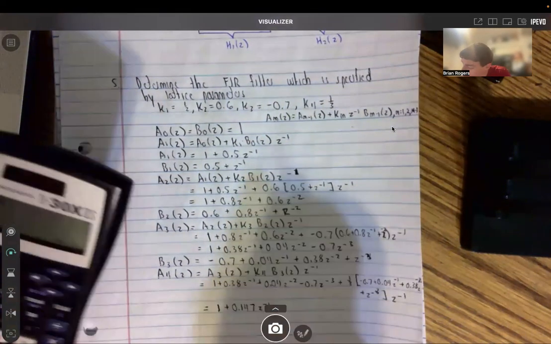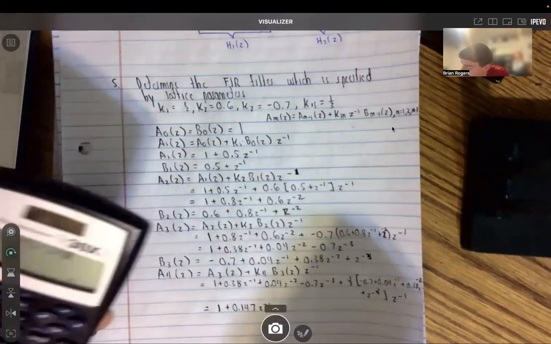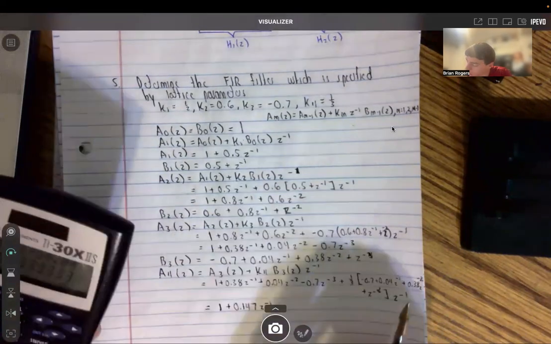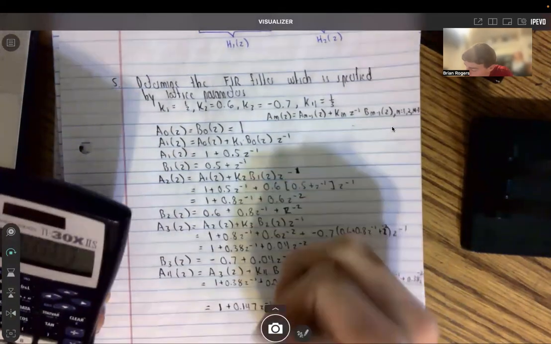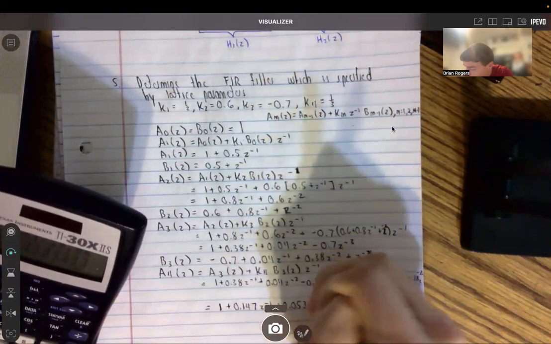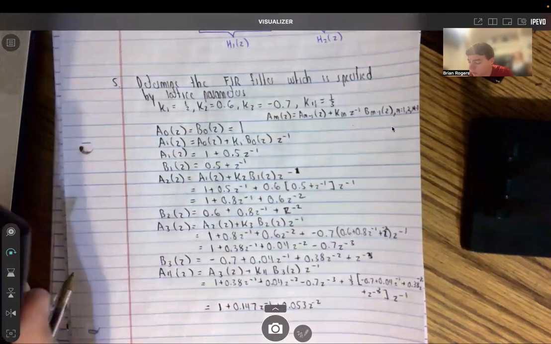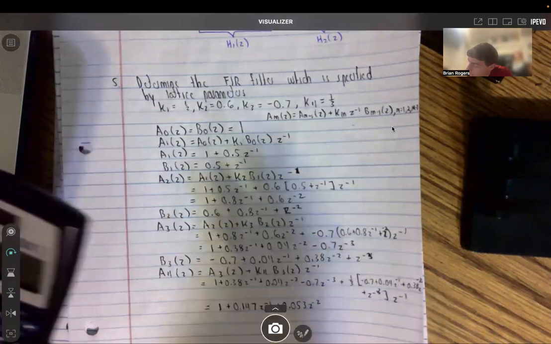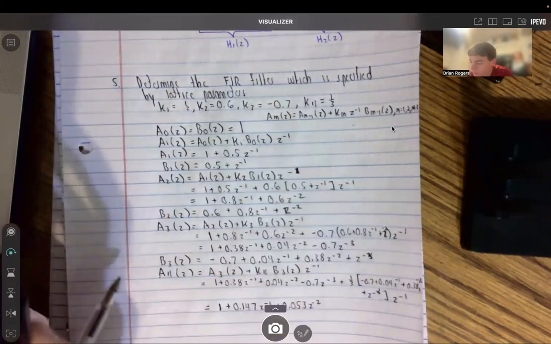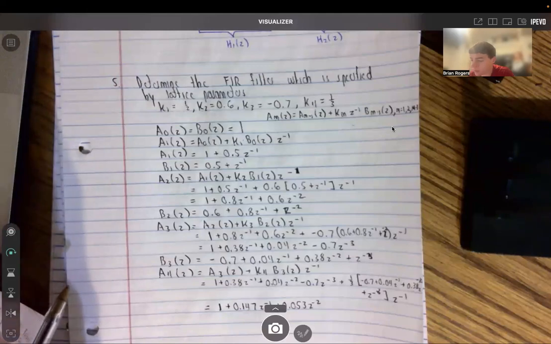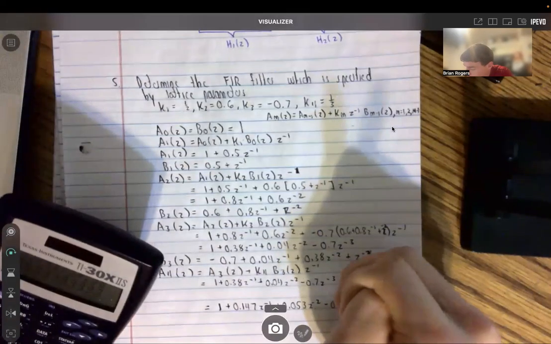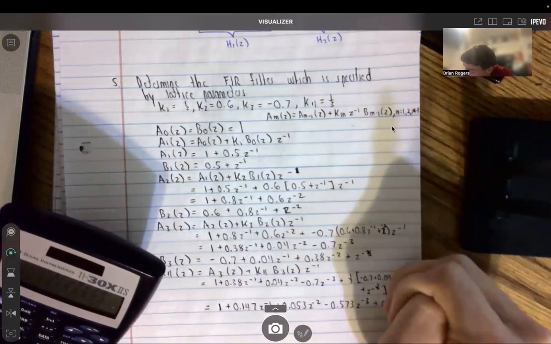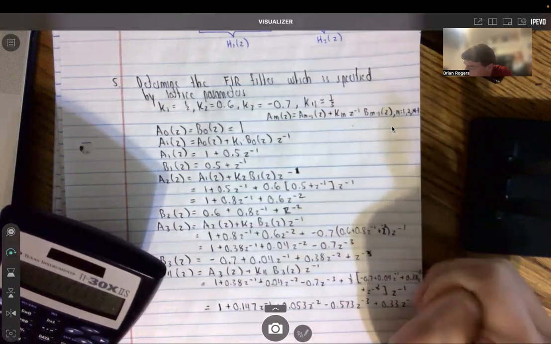And then you're going to have 0.04 plus 1/3 times the coefficient here, 0.04, and that will become plus 0.053 z to -2. Your next one is going to be -0.7 plus 1/3 times 0.38. You're going to get -0.573 z to -3. And then your last one, you're going to get plus 0.33 z to -4 here.